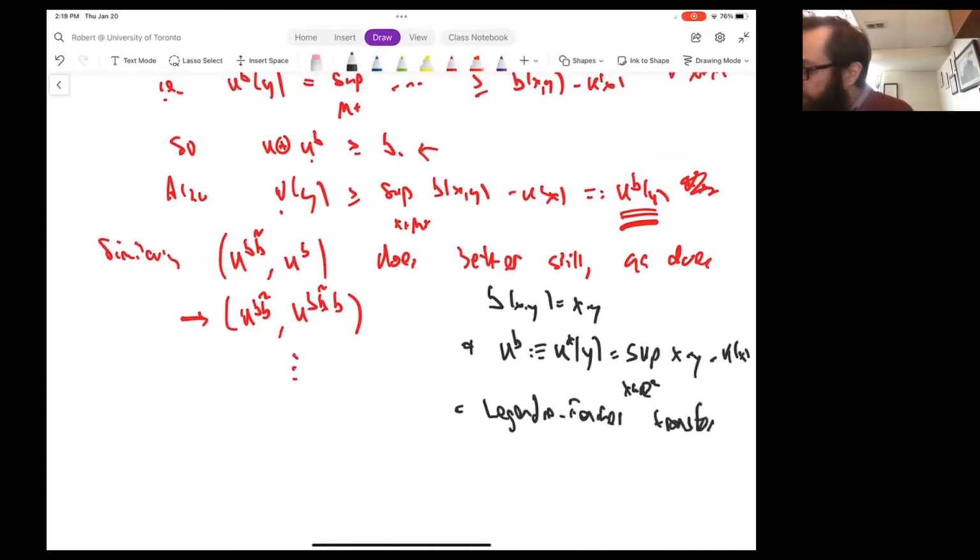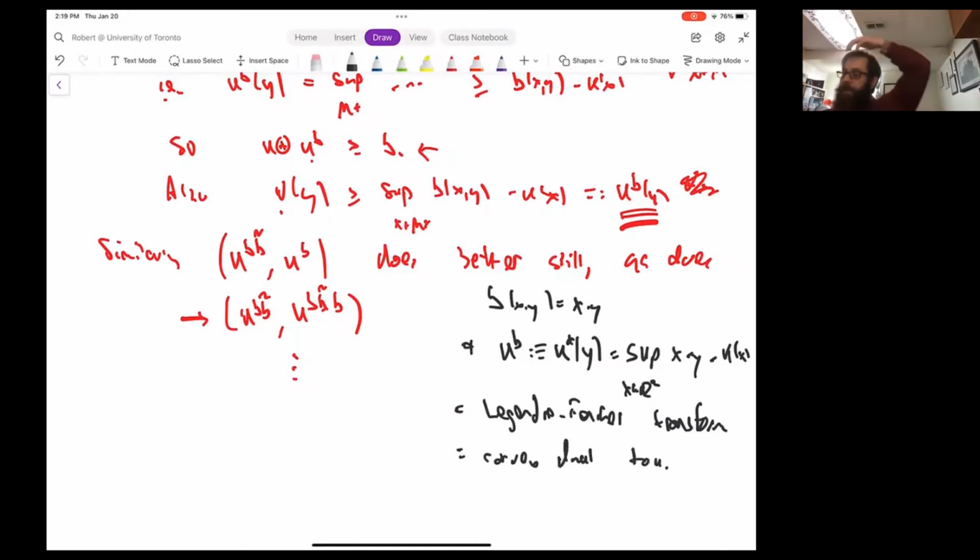And it gives you the convex dual function. Some of you may have seen this before. Now, u doesn't have to be convex to apply this supremum. And what I have on the right-hand side here in the brackets is an affinely linear function of y, whether u is convex or not. For each x, it's an affine linear function of y. I take a supremum over a bunch of x's of a bunch of affine linear functions of y, I get something convex. So u star is convex whether or not u is convex.